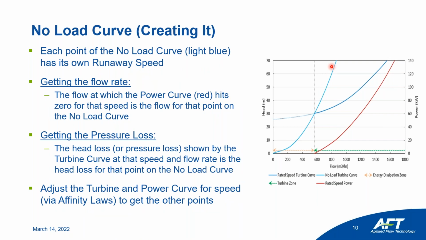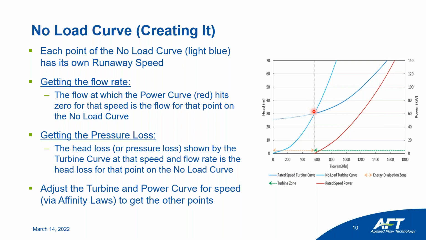So how do you find the no-load curve? Well, for the rated turbine curve and power curve, you take the flow at which the power hits 0, and that gives you the flow for 1 point on your no-load curve. And the head loss on your turbine curve for that flow is the head loss for your no-load curve at that point.